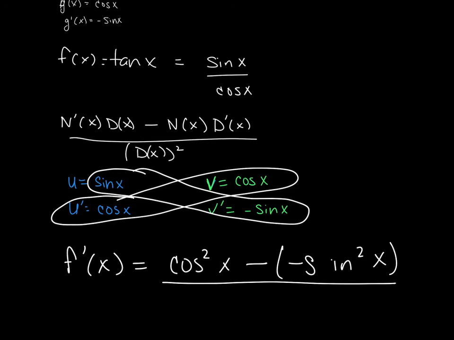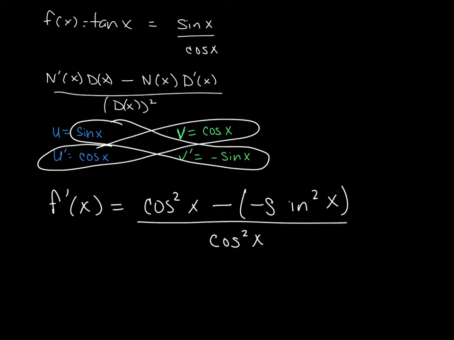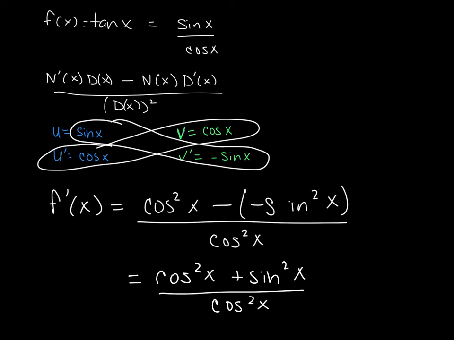And all of this is over the denominator, which is a cosine squared of x. Now in the numerator, that leaves us with the cosine squared of x plus the sine squared of x, all divided by the cosine squared of x.